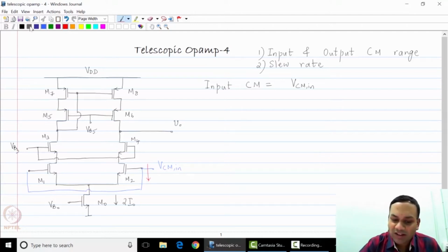Because the total current in M0 remains 2 I0 till M0 goes into triode, the two transistors M1 and M2 will continue to have a current I0 each, and therefore VGS1 and VGS2 will remain constant. So therefore the voltage at XY reduces.